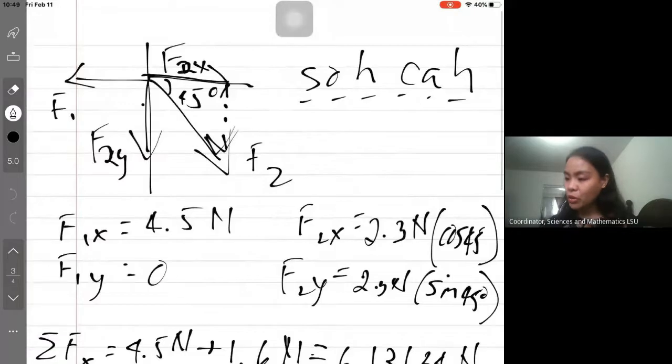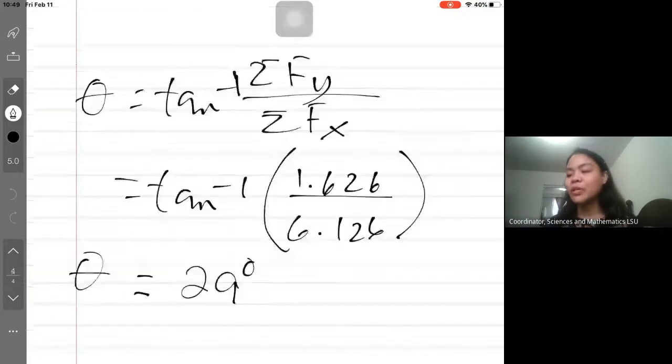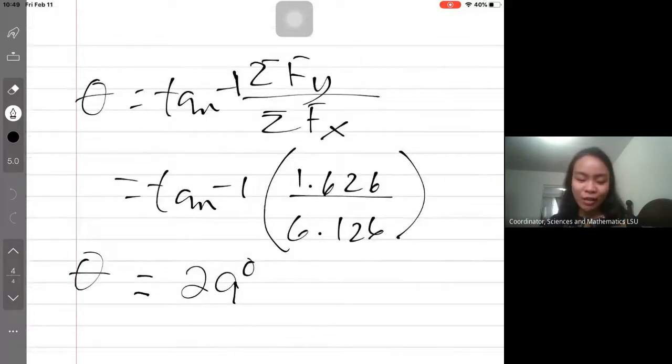I will check my answer first, if they are correct. 1.626 divided by 6.126 inverse tangent.